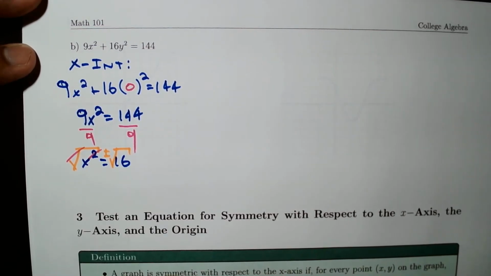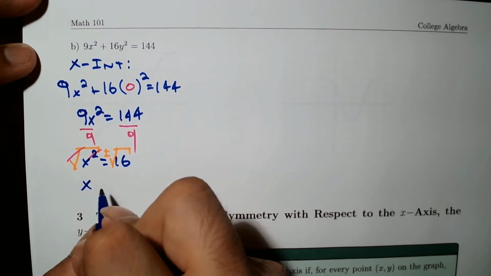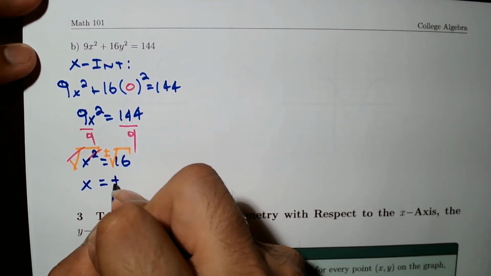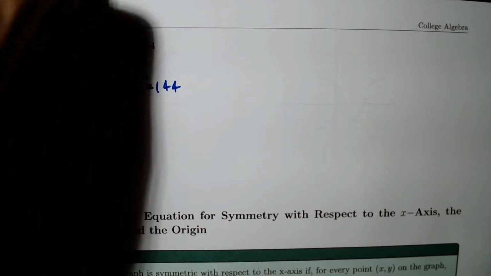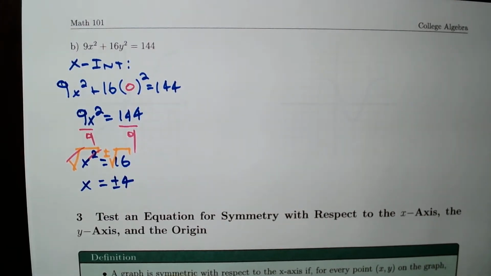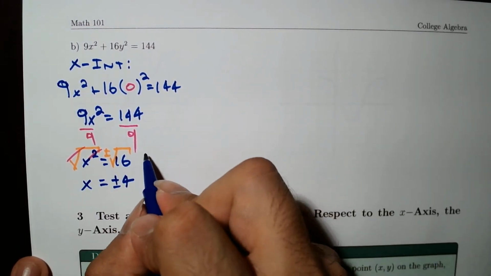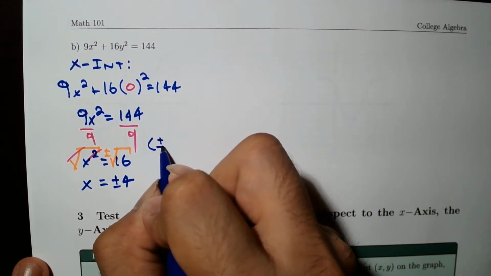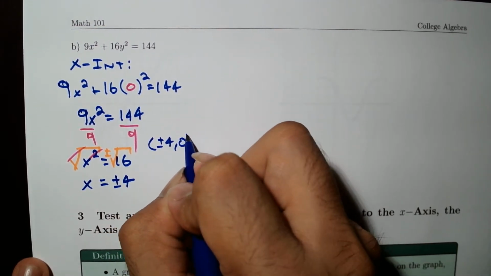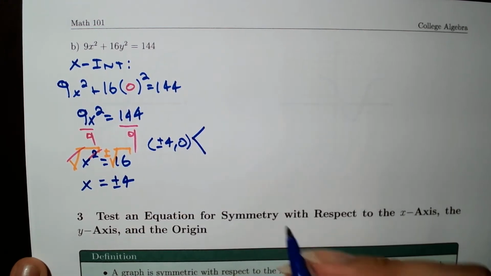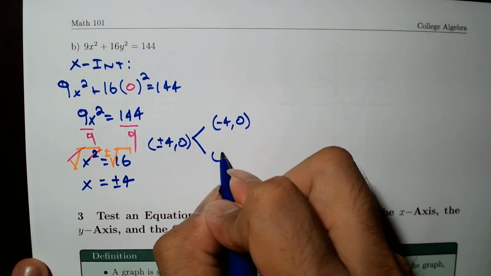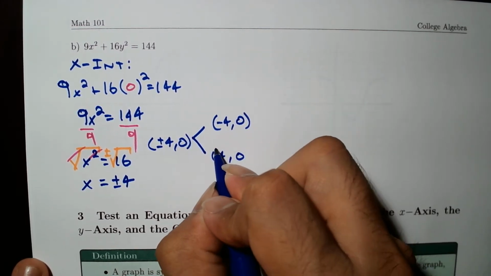Square root cancels with the square, and that's going to give us x equals plus or minus the square root of 16, which is plus or minus 4. So we are going to get x-intercepts of this form: plus or minus 4, comma 0, which can be broken into 2: negative 4, comma 0, and positive 4, comma 0.